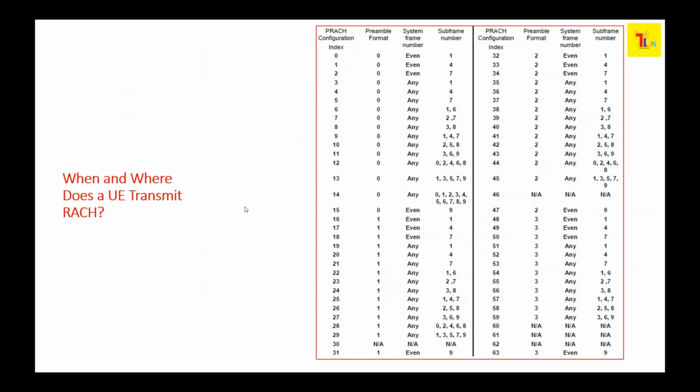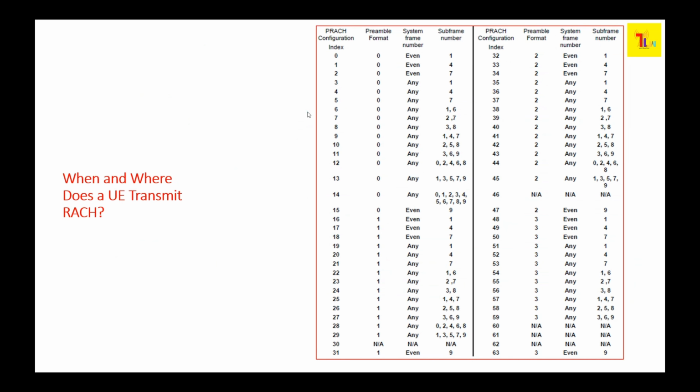Going to the next topic, we have understood what exactly a preamble is. We have understood that there are 64 preambles and the preamble formats. Now the question comes: when and where exactly are we going to transmit this RACH?